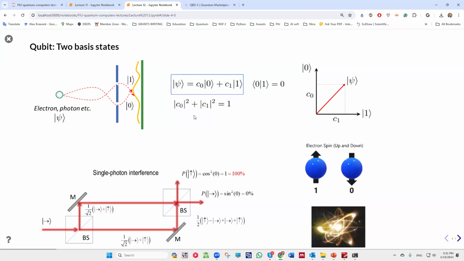And as we discussed last time, for these two states, we can use the direction or polarization of a photon and use photonic quantum computing. Other approaches include the electron spin that can be polarized up or down. And when we detect spin, it is always either up or down and nothing in between.